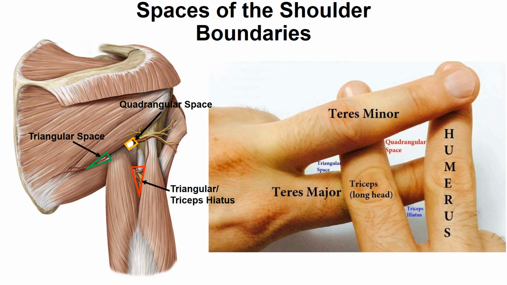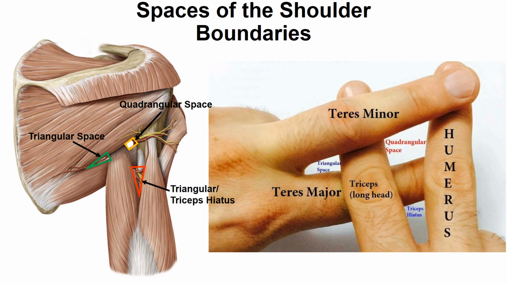So quad, it kind of looks like a square, and it's going to have your superior border as the teres minor, the inferior border as the teres major, the medial border as the long head of the triceps, and your lateral border as the humerus, creating this square shape look.